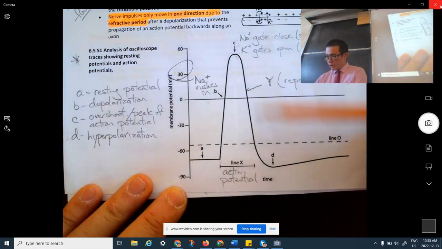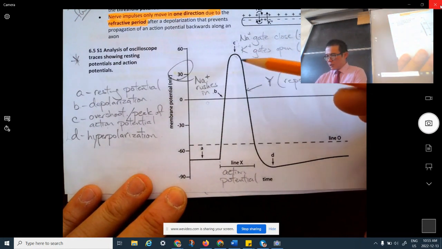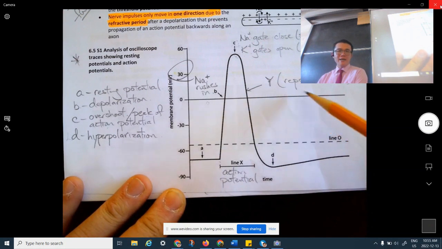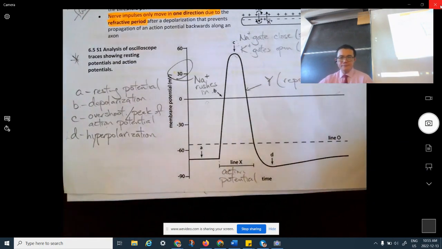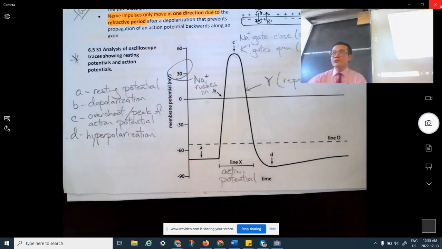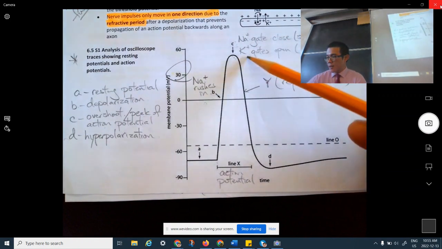When the graph starts going back down, there's no number, so I'll put a Y here. It's basically repolarization. During the peak or the overshoot, the sodium ion gates close, so sodium ions stop flowing.